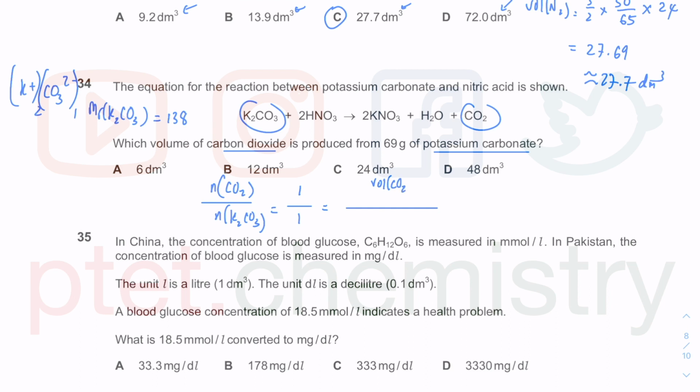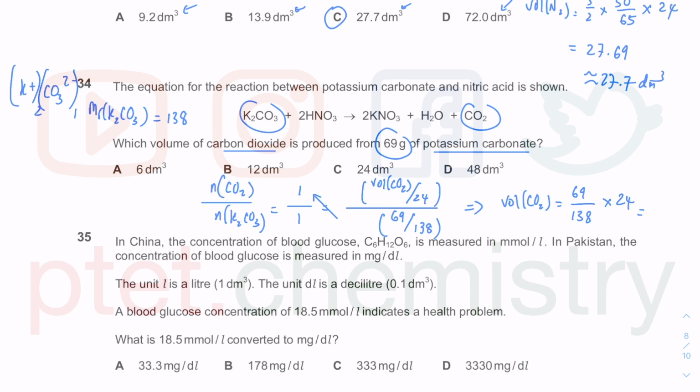So it's the volume of CO2 divided by 24 for the actual mole of carbon dioxide that came from reacting 69 gram of potassium carbonate. Mass over mR gives me the actual mole of potassium carbonate that reacted. So the volume of carbon dioxide is 69 over 138, multiplied by 1, which gives exactly the same thing, which is why I'm ignoring the 1 over 1.